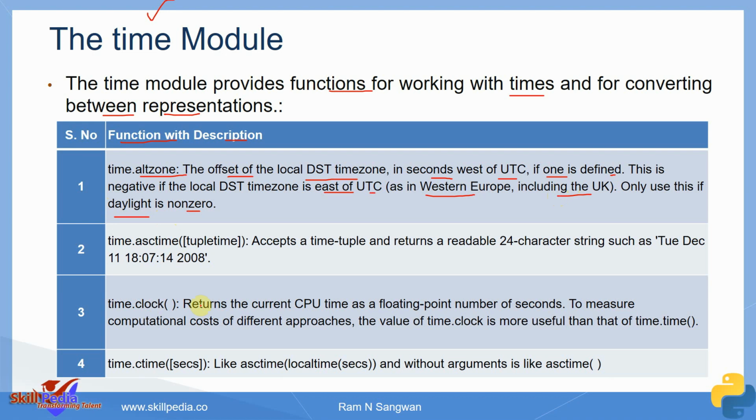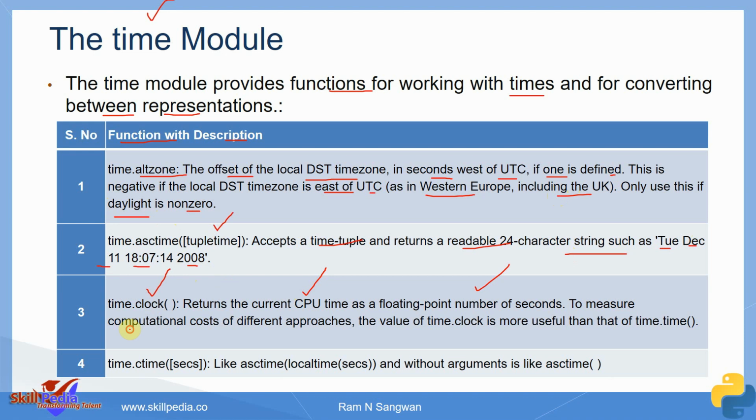Then time.asctime: you specify the time tuple, accept a time tuple and return a readable 24-character time string, such as Tuesday, date, and then time and the year. time.clock returns the current CPU time as a floating point number of seconds.